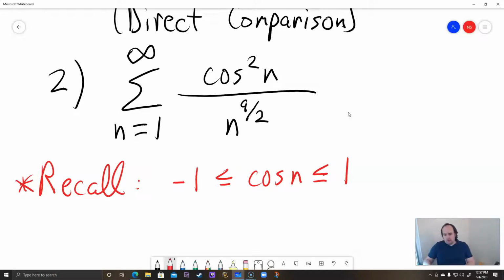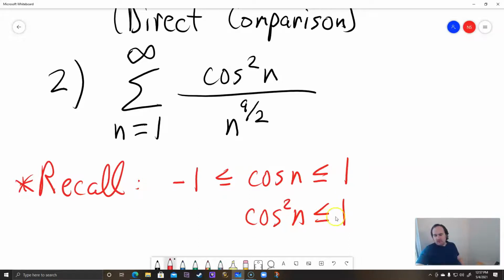And if we square that, if I do cosine squared of n, because it's squared, it can't be negative. It can't be negative because when you square a negative, it becomes positive, but if you square 1, you still get 1.